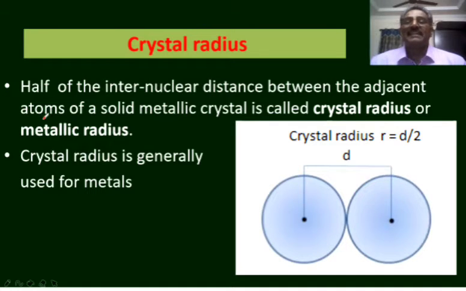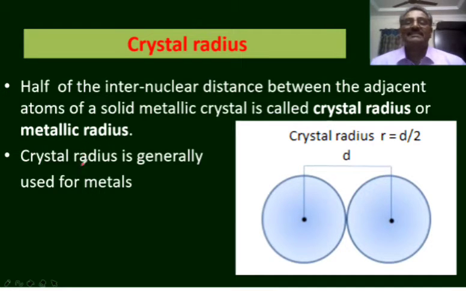In this crystal lattice, same kind of atoms, that is atoms of the metal, are arranged one around the other. In this, half of the internuclear distance between the adjacent atoms of a solid metallic crystal is called crystal radius or metallic radius. The crystal radius is also known as metallic radius.